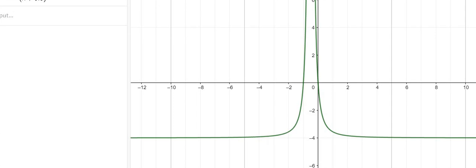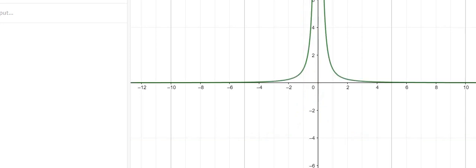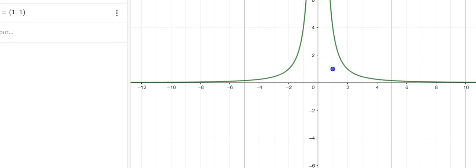Again, we can see it with a graph. If we change this to 1 over x squared, we're back to our 1 over x squared. Let's include a point, our point of 1, 1. Now I'm going to stretch it by 4. You can see 1, 1 is no longer on there.